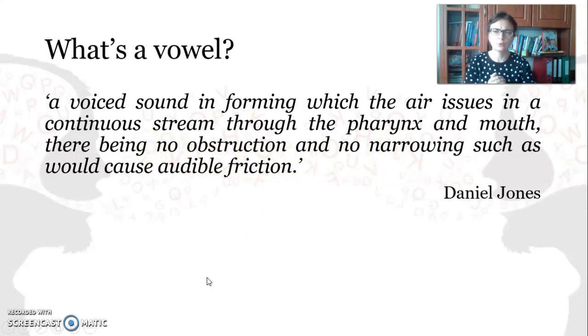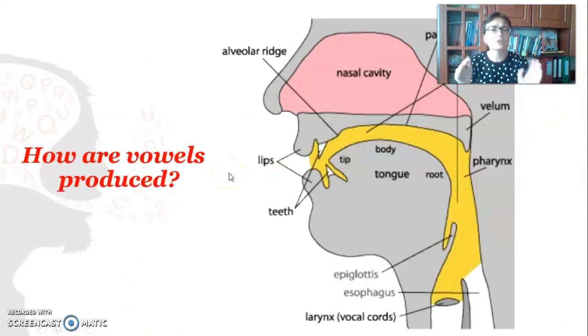Why is it important? We have already mentioned that when pronouncing a consonant sound, something happens to the airstream in the vocal tract. It is either restricted or diverted or shaped. So when producing a vowel sound, there is no obstruction whatsoever in the vocal tract.